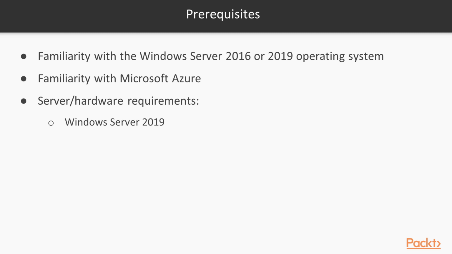To reproduce the demonstrations in this course, you will need a copy of Windows Server 2019 installed on a computer with a 64-bit processor, at least 8 gigabytes of RAM, and 40 gigabytes of hard drive space.